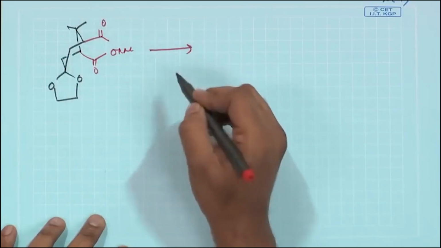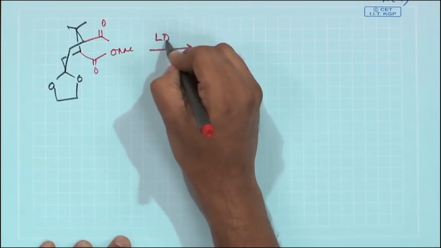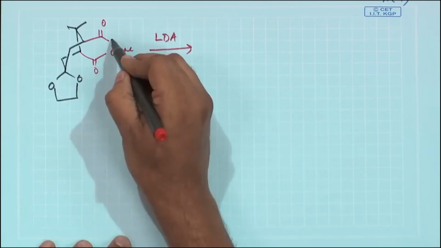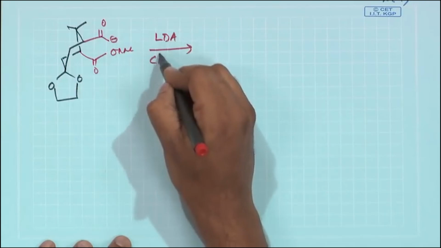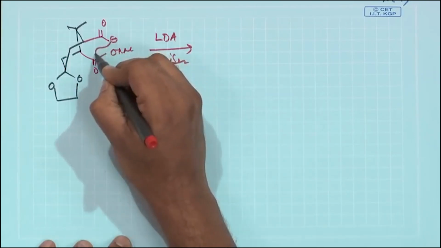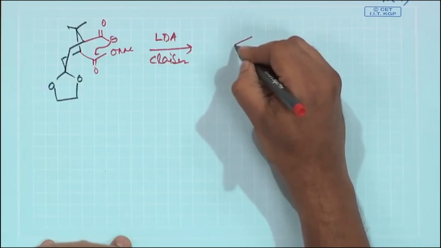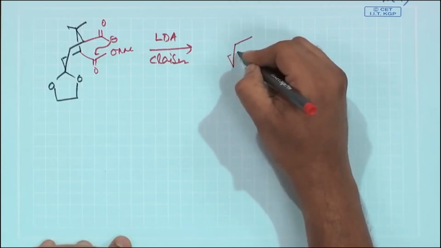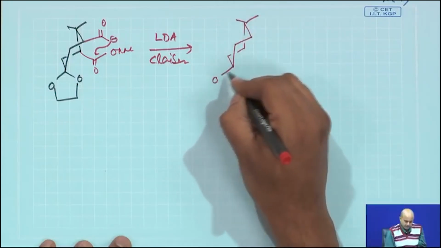So, if you treat this compound with a base, it picks up this hydrogen and will undergo an intramolecular Claisen reaction, an intramolecular Claisen type of thing. So, the carbanion attacks here, OMe goes off, and you get the corresponding diketone, which is required as an intermediate.